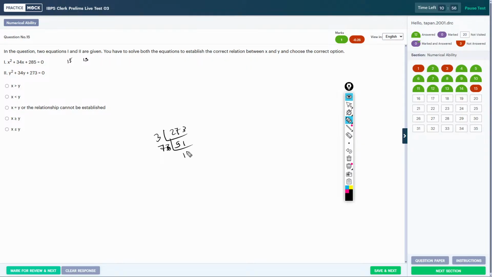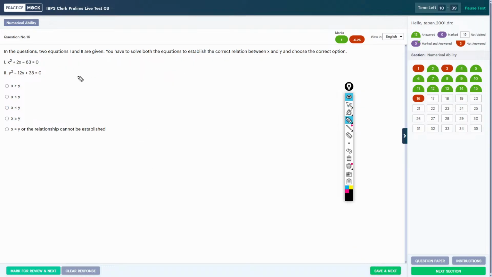I think this is 1, 3. So 21 and 13. So minus 13, minus 21, and minus 15, minus 19. So no relation can be established. This is plus plus, minus plus, 9, 7, 7, 5. So 5 is there, right? So again, no relation.